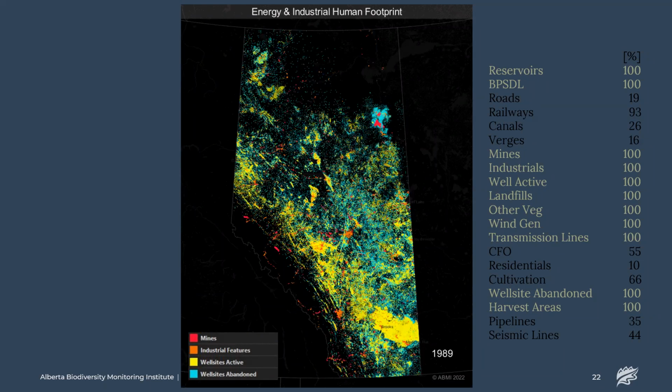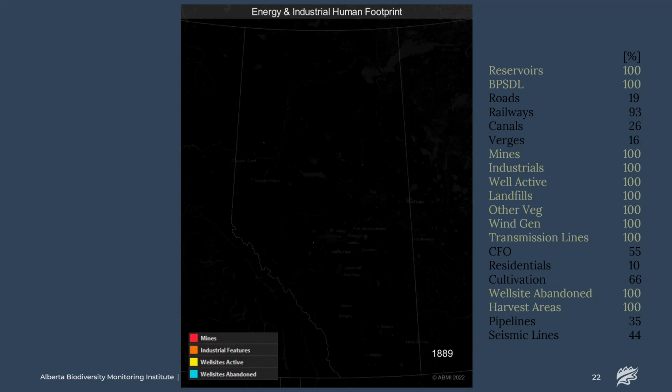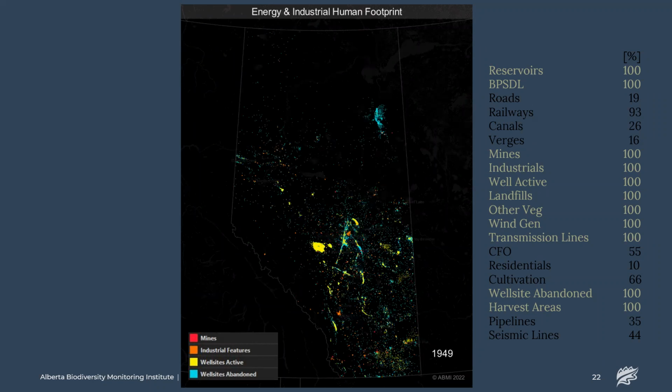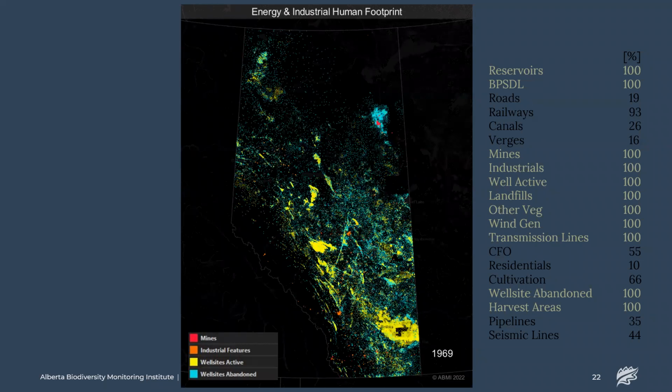Some sublayers take a lot of time to complete. There are millions of seismic lines. There are a lot of kilometers of pipelines, and cultivation and residential have a lot of polygons. Overall, after integration, our data set contains more than 5 million polygons. So you can imagine that to go through that amount of polygons, this process is quite time extensive.